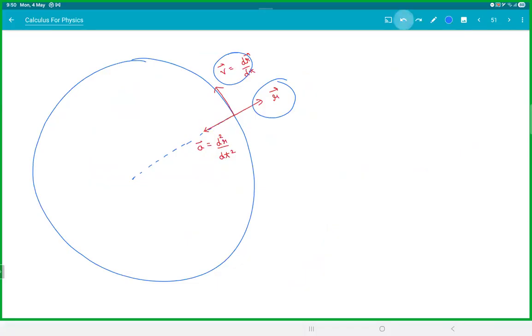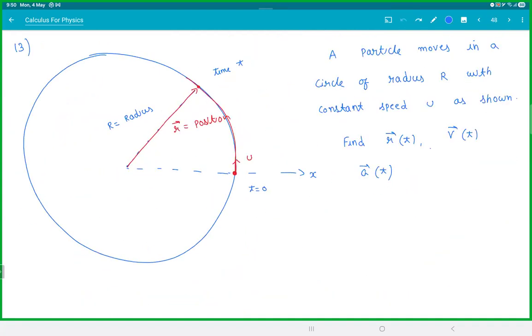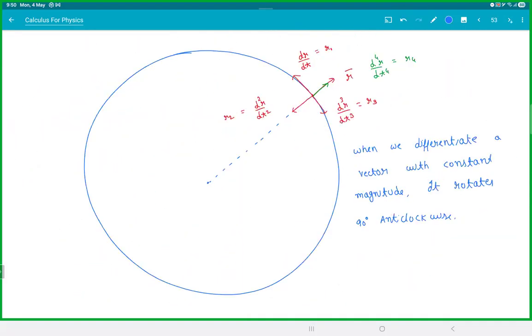So we got this, but we generalized it. The magnitude of this vector is nothing but the radius of that circle. In this question we stopped with two differentiations: R, V, and A. Now I'm saying you can differentiate it 10 times and it will still keep doing this. Make sense? All clear with this whole story?